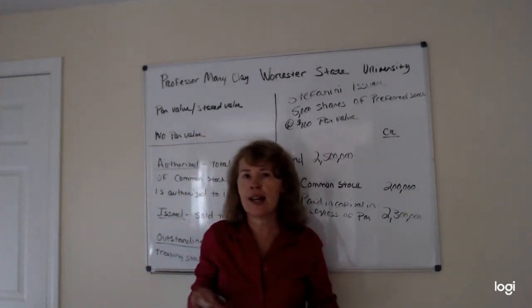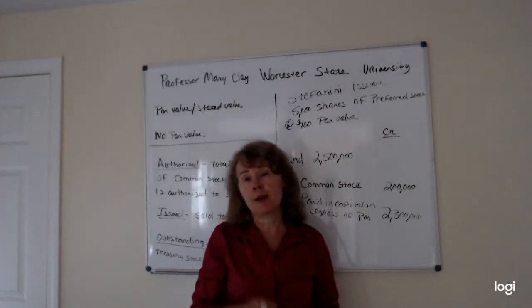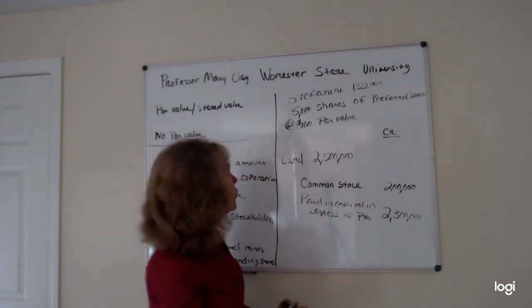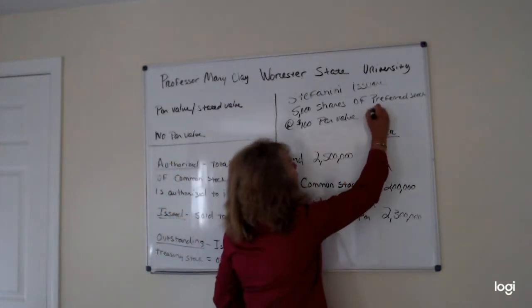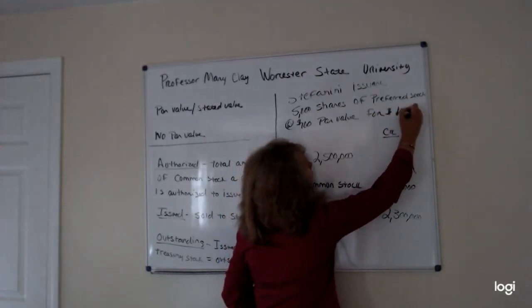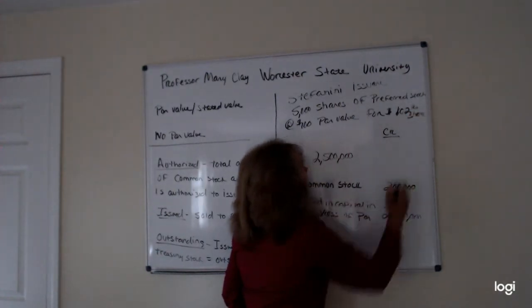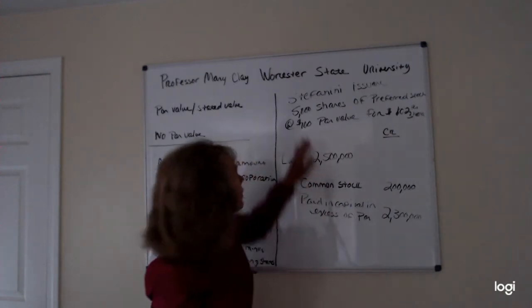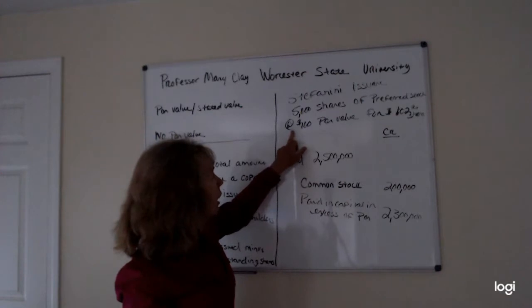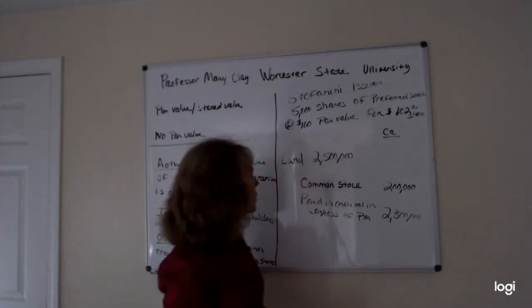I'm going to skip over that in the video because we don't need that. That's given to you for preferred stock, but not when you do the journal entry. So just ignore that. However, I do need $102 per share. Let me reread that. Stefanini issuance 5,000 shares of preferred stock at a $100 par value for $102 per share, just like common stock.